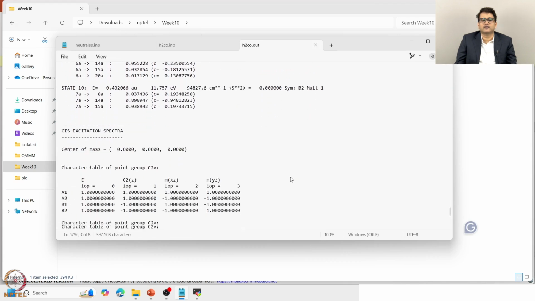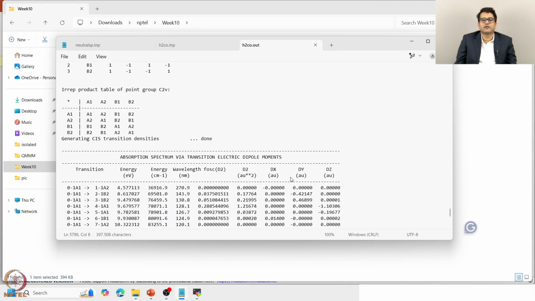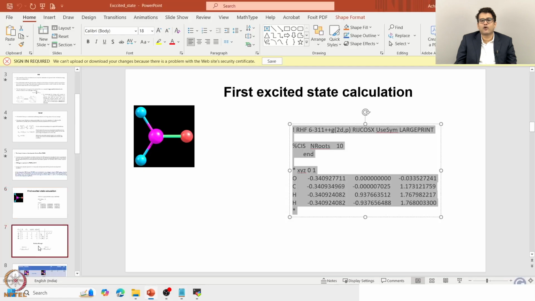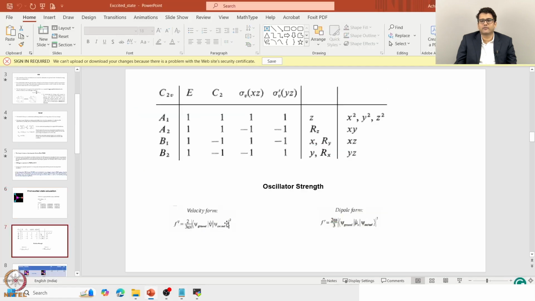After this has been done, remember that calculation of the excitation energy only gives you one part of the puzzle. For the other part you need the corresponding transition property. You will need to calculate the oscillator strength, and the oscillator strength can be calculated in the velocity form or the dipole form.